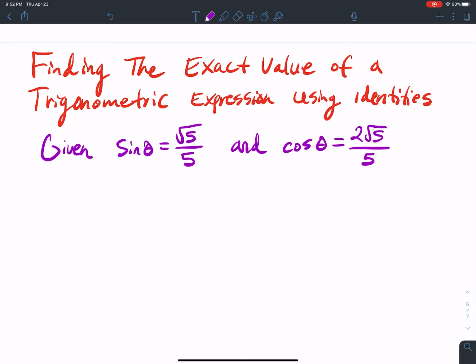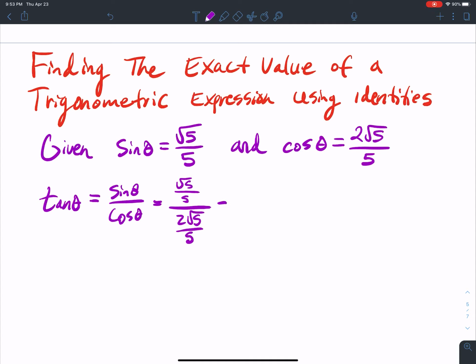So tangent theta, we know from the quotient identity, is sine theta divided by cosine theta. So that's square root 5 divided by 5 over 2 square root 5 divided by 5.